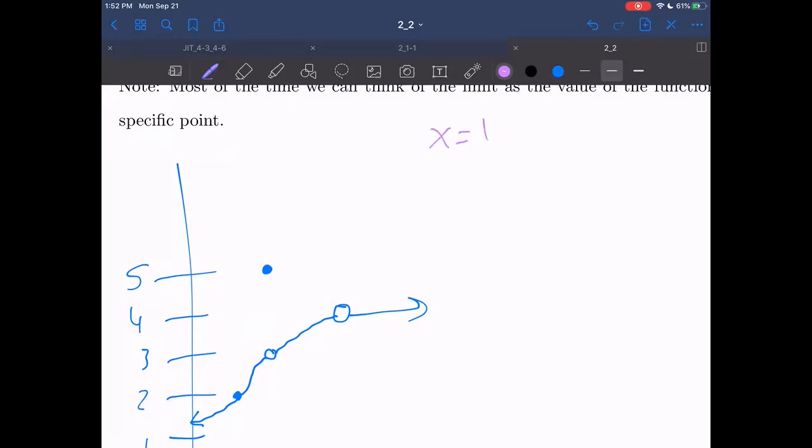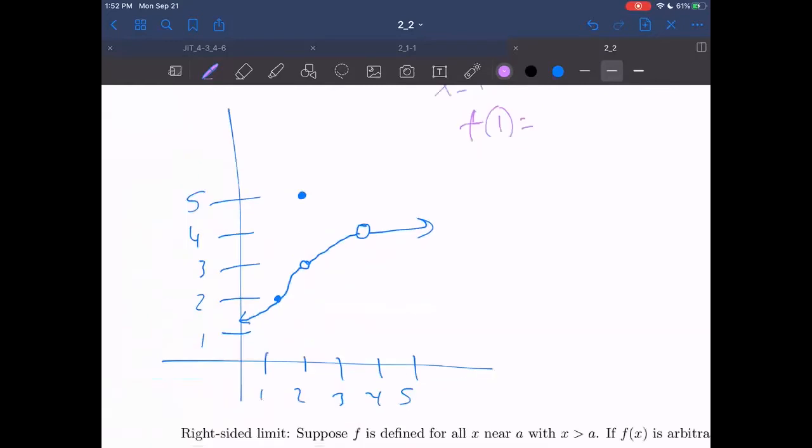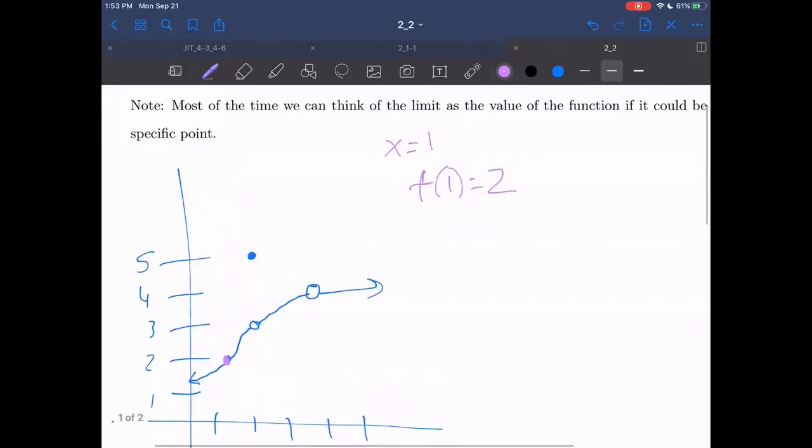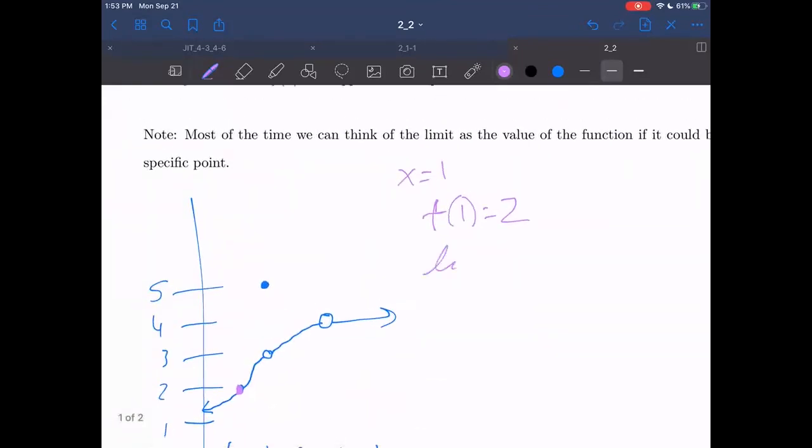Okay, so f of x, or f of 1, if we plug 1 into our function, that's going to equal 2, because we're talking about our point here. And we can look at the limit as x approaches 1 of our function f of x is equal to what?